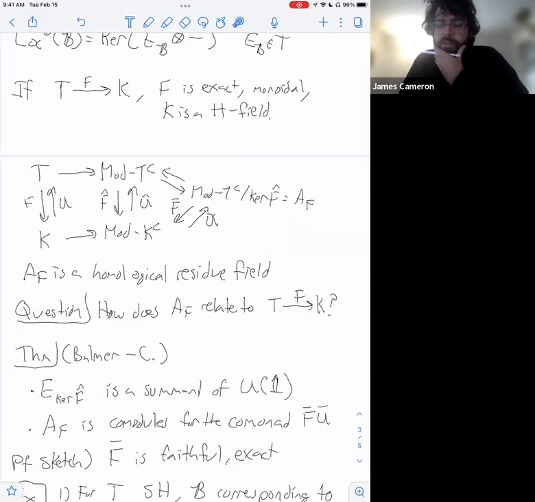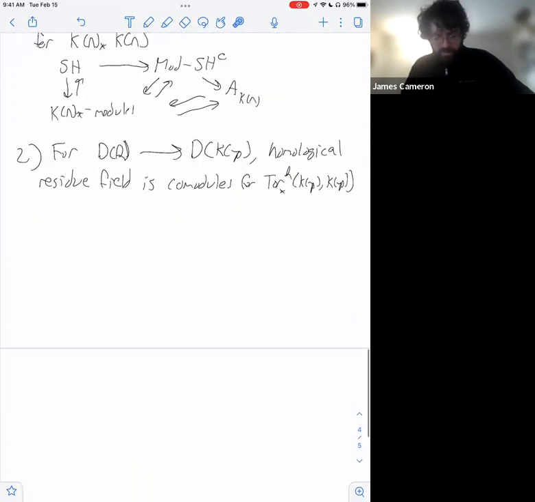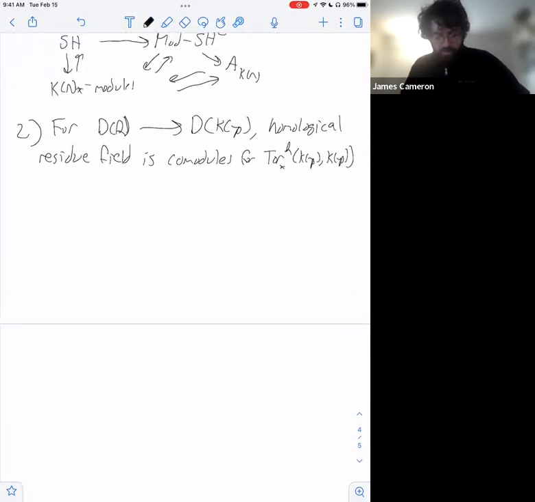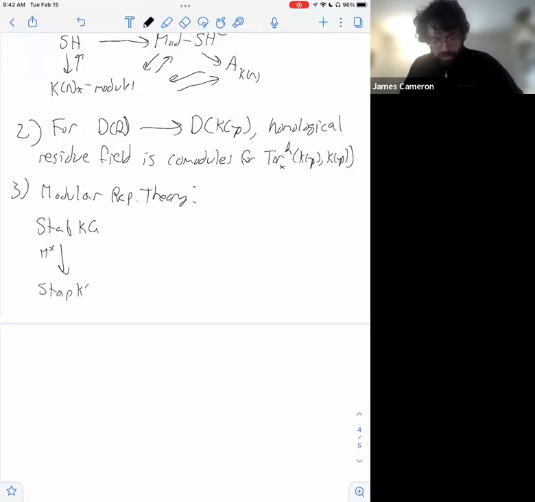But in representation theory, if this is a pi point here, let me come down here and just draw the same diagram. So if I have the stable module category for say G, and then mapping down, restricting along a pi point to the stable module category for kC_p.